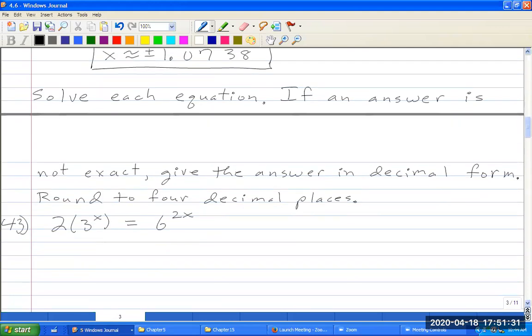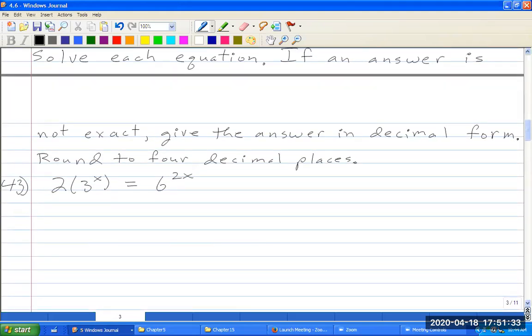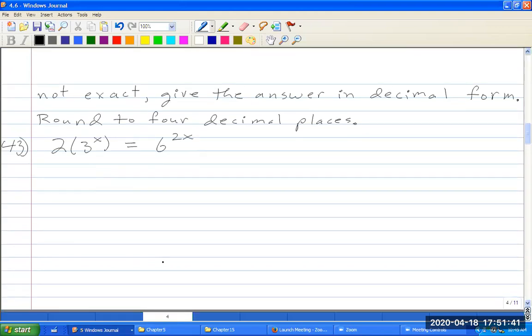Okay. Solve each equation. If an answer is not exact, give the answer in decimal form, rounded to 4 decimal places. So let's take ln of both sides of this equation. There's not much I can do with this. So 3 to the x and 2x.